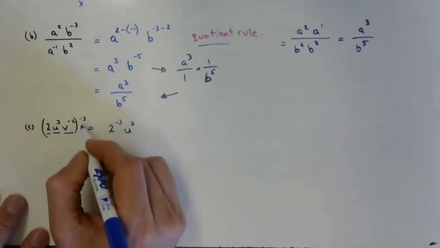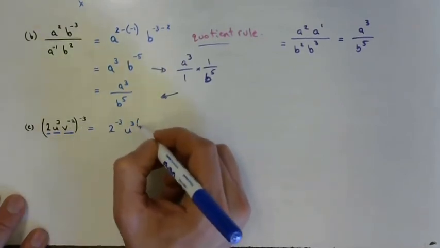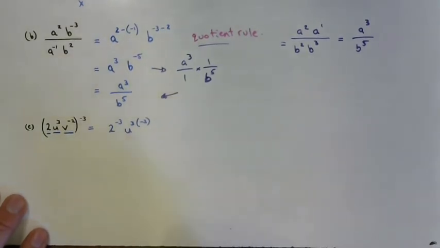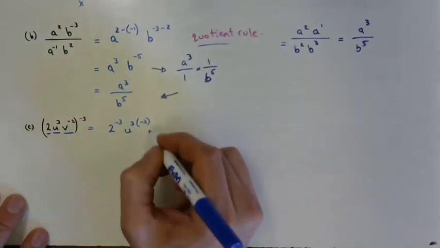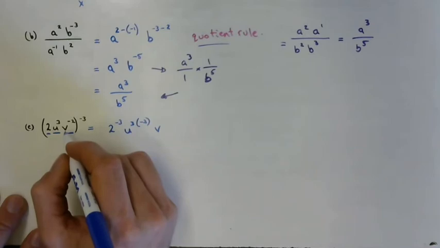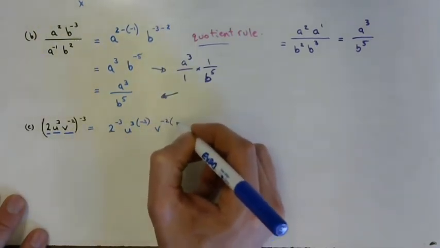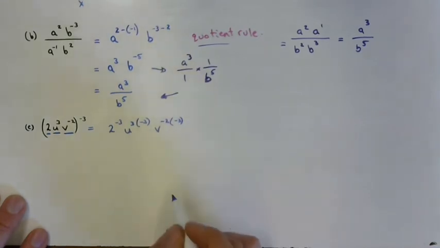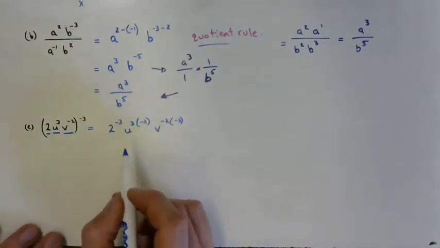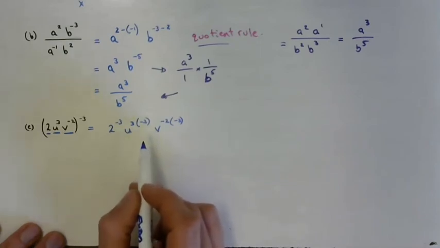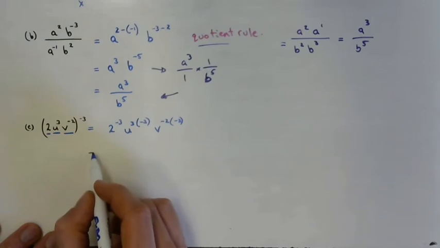Well, if you remember our power of powers rule, that means I can multiply my exponents. And then the last 2 factors of v to the power of negative 2 also get multiplied by an exponent of negative 3. Now we can see how this reduces and bumps certain things into the denominator if needed, okay?